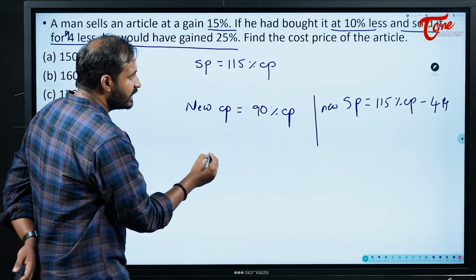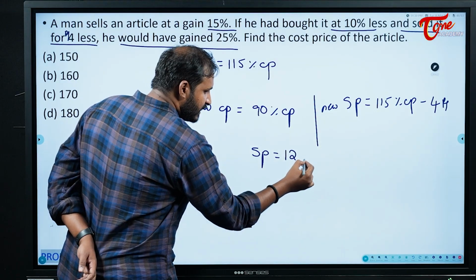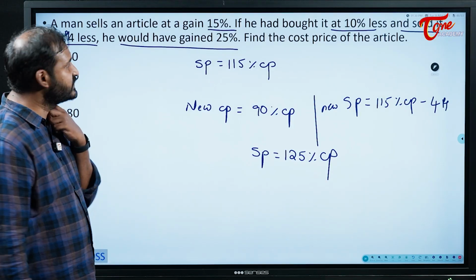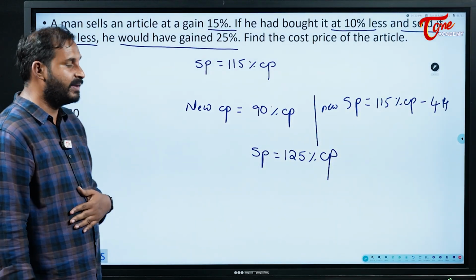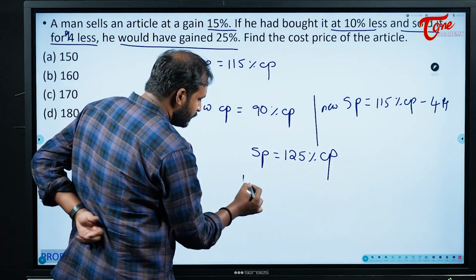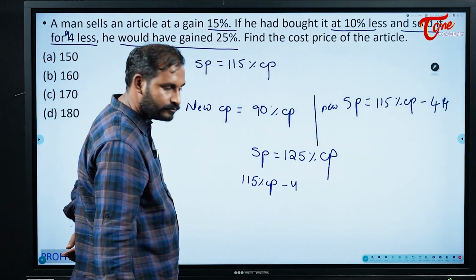So I can write new SP is equal to 125% of new CP. Why? Because he would have gained 25%. So now SP is equal to 115% of CP minus 4.